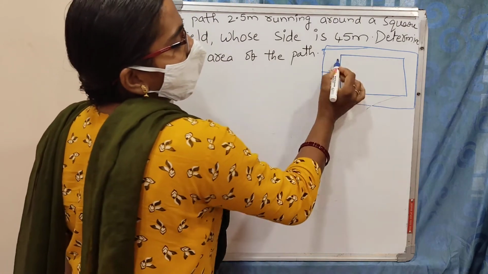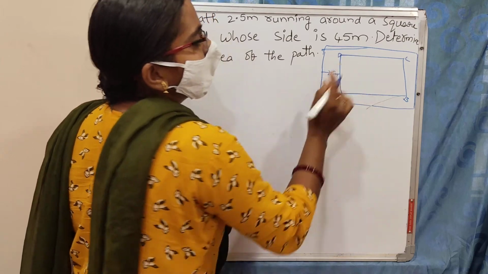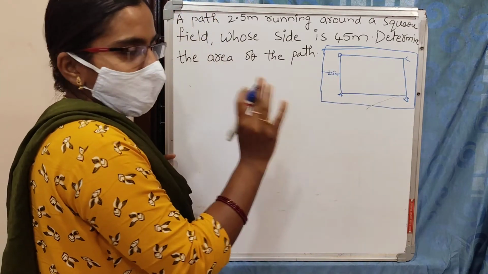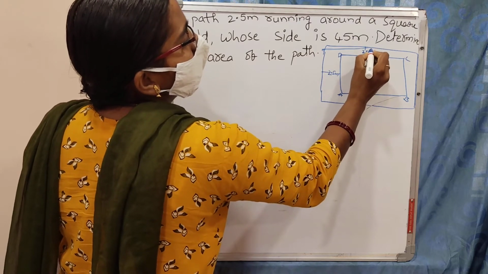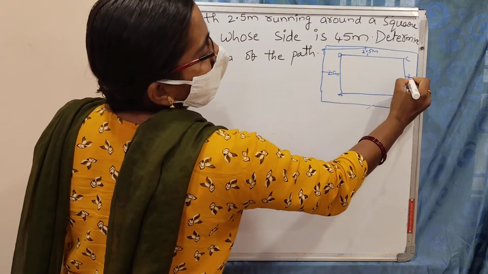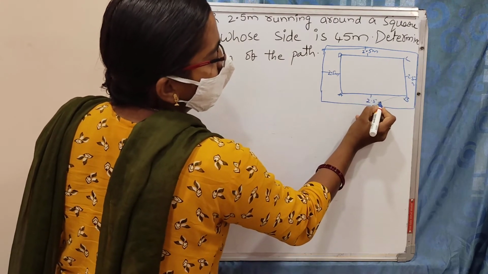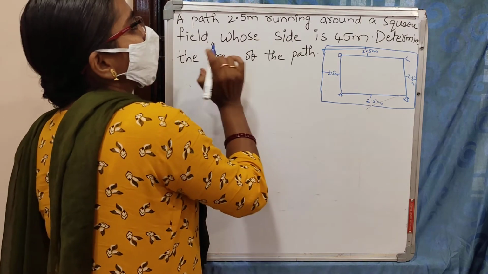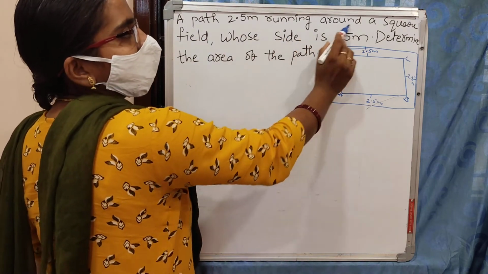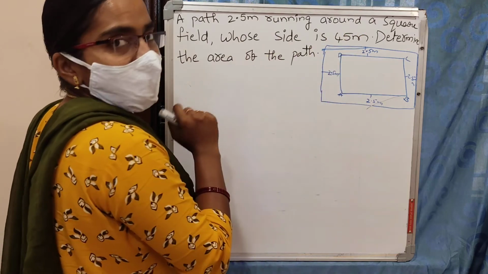If ABCD is a square, around it we have a pathway. So around it is 2.5 meter width. Everywhere it is 2.5 meter width. Here also 2.5 meter width. Like this.